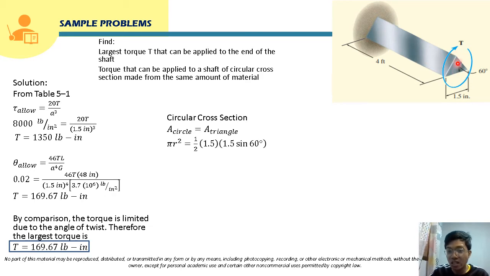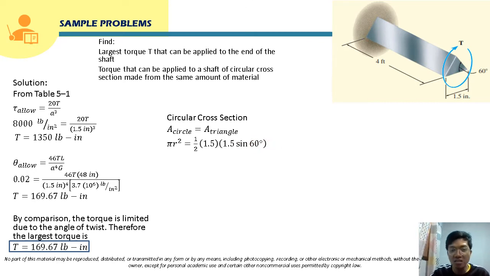So that's what we need. Sine 60 degrees is opposite over hypotenuse. Solving for the opposite side, which is the height, that will be sine 60 degrees times the hypotenuse, which is 1.5. So the area of the triangle is 1/2 times 1.5 times 1.5 sine 60 degrees.